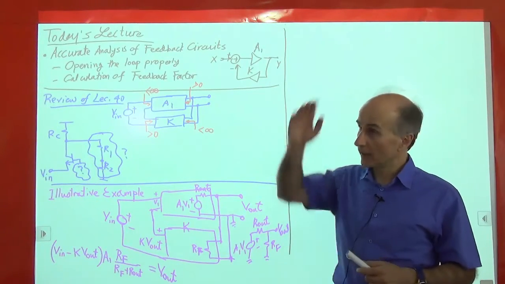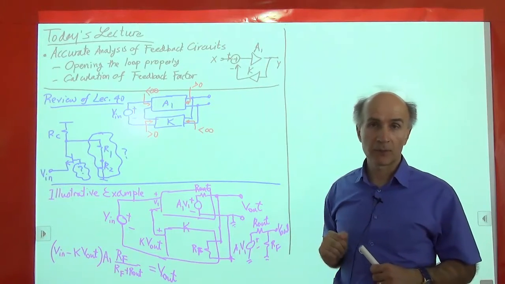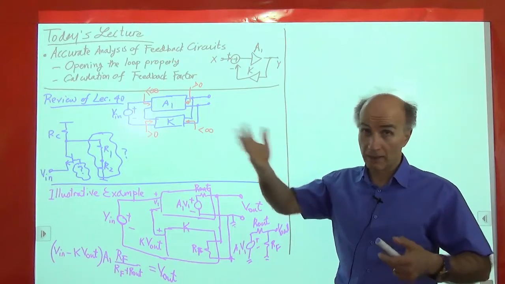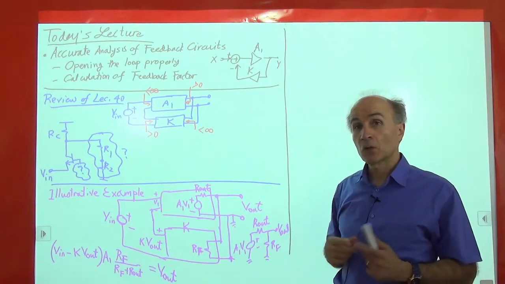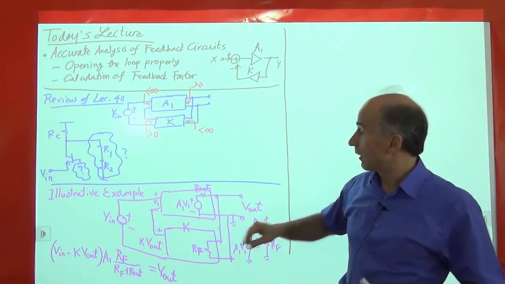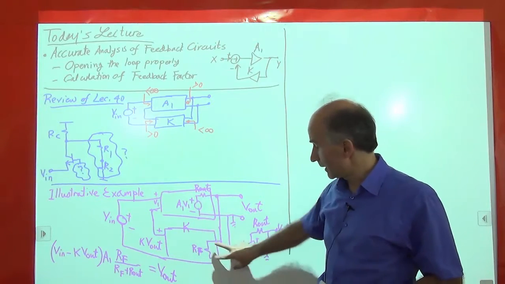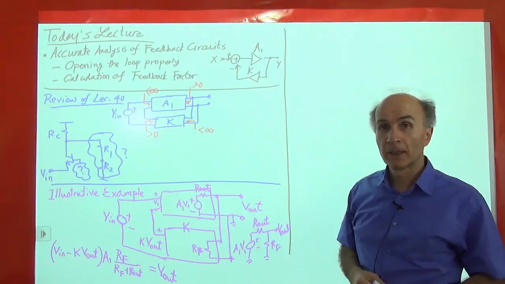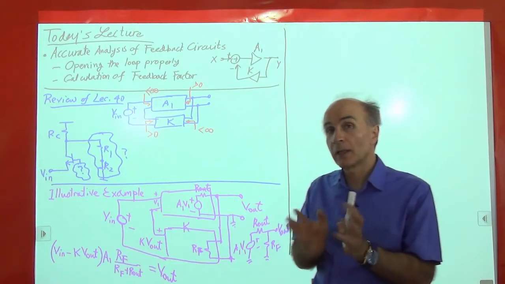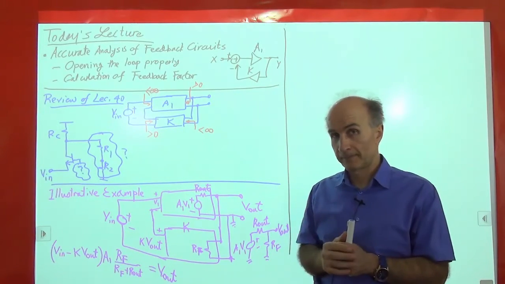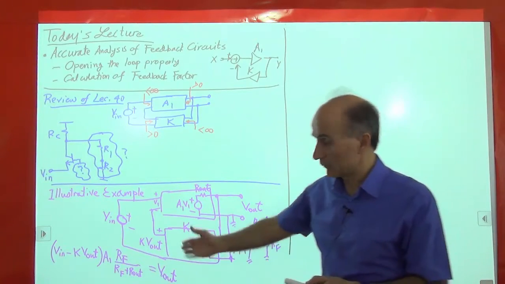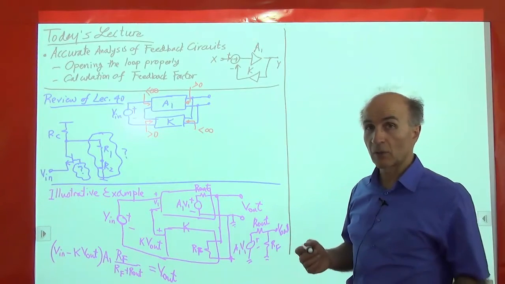So I can't say it's just A1 divided by 1 plus KA1, it's some other number divided by 1 plus K times that number. So we say, as a result of this impedance and this impedance, which are no longer ideal, the open loop gain is no longer A1, it is some other number. So the closed loop gain is different.